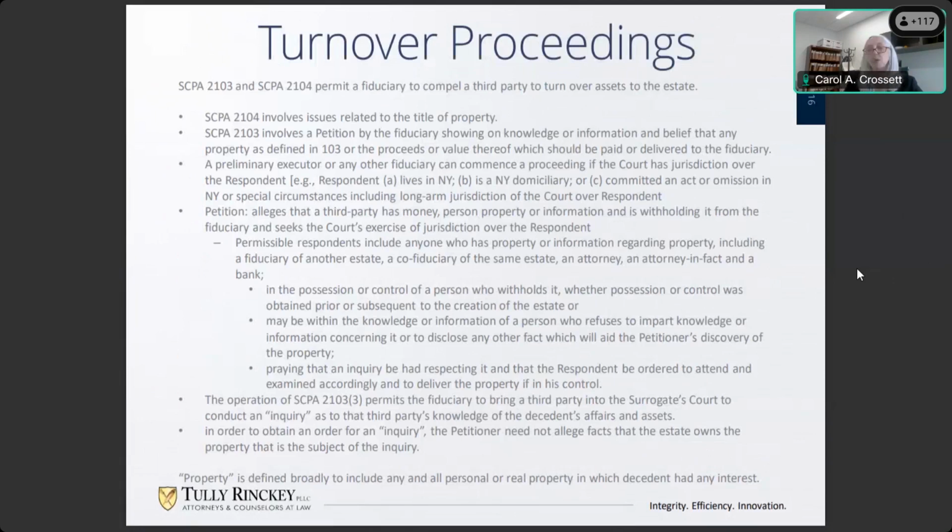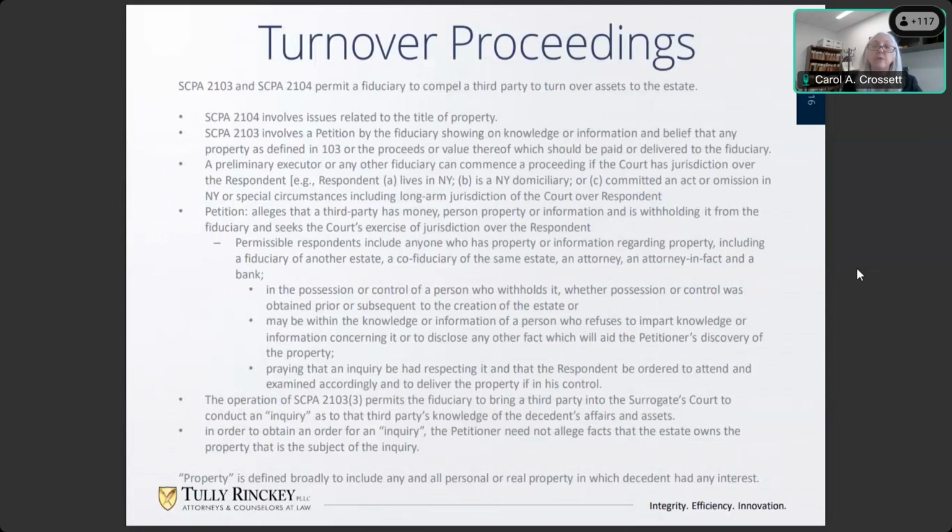So the petition is really alleging that the third-party respondent either has money, personal property, or information or proceeds from property and is withholding it from the fiduciary, and seeks the court's exercise of jurisdiction over the respondent to submit to a hearing or inquiry, or that the person named as a respondent actually has information or knowledge regarding the property that's the subject matter of the petition, or the information that the petitioner seeks.